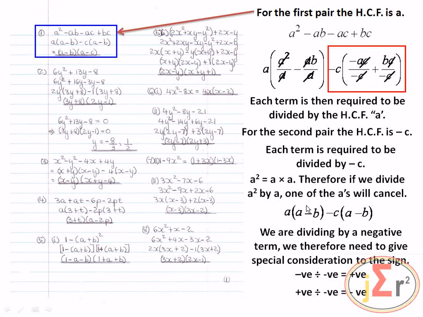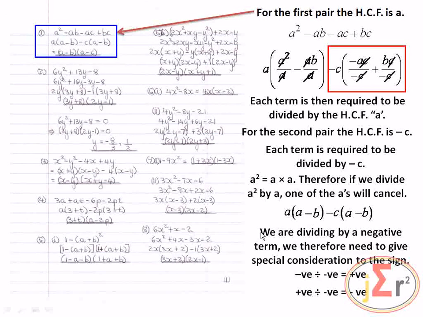Because if further factorization is not possible, as a matter of fact, I cannot remember seeing an expression in which, when we get to this stage and we need to factorize by grouping, there's no further factorization possible.